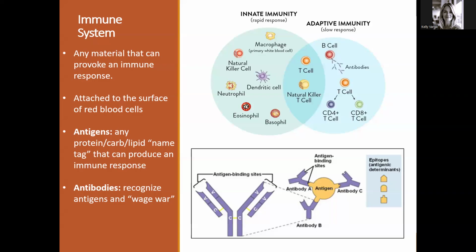So anything that can trigger the immune response to turn on. The antibody is what your body sends out. It recognizes, it says, oh, I've seen you before, and it wages war against the antigen.